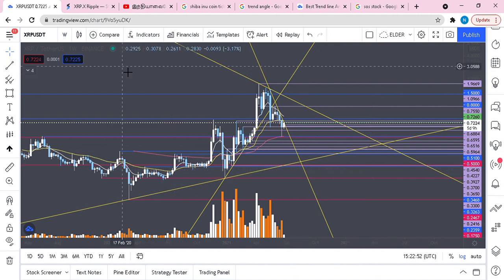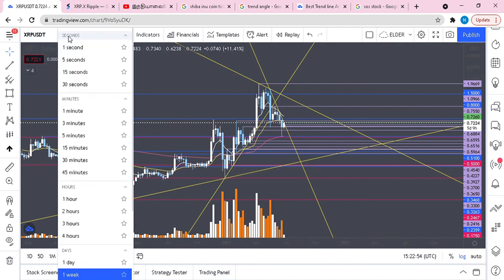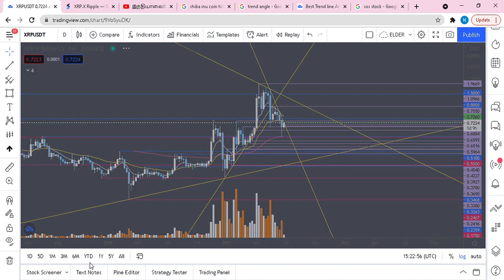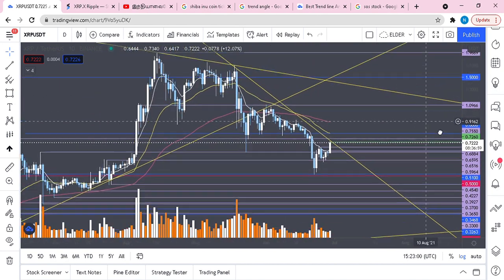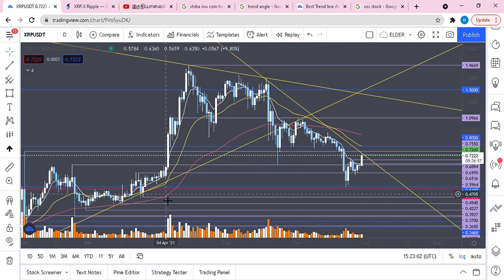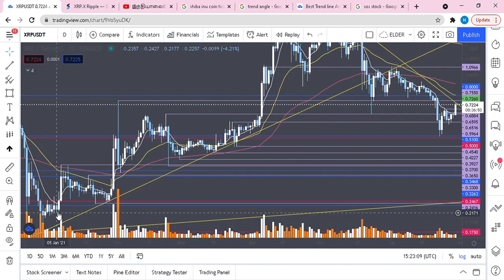So now let's get into the daily chart. When you see the daily chart, this was the original trend line that was formed. So the market was running off of this trend line.